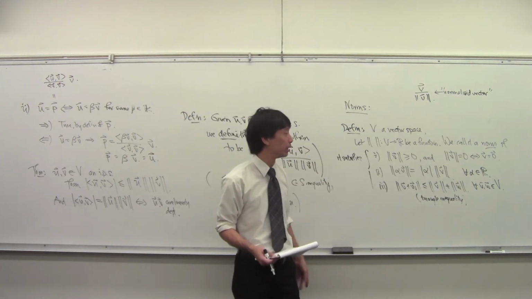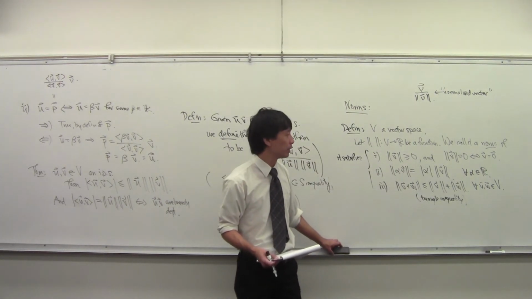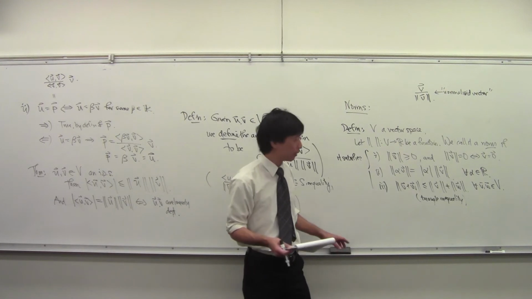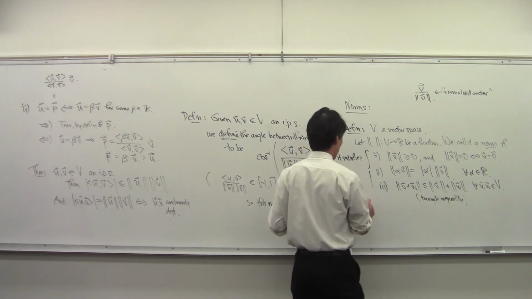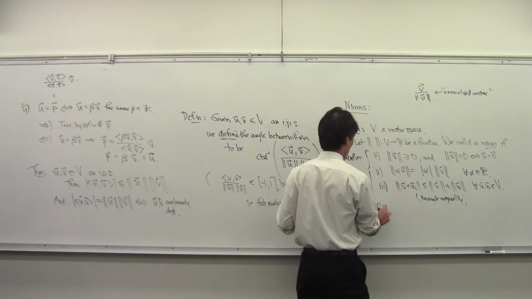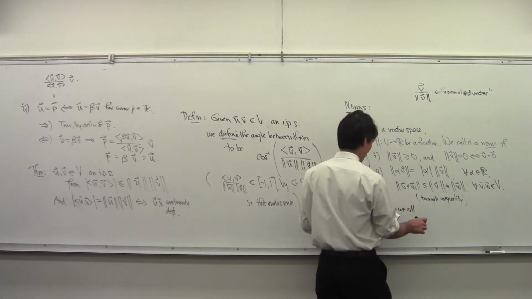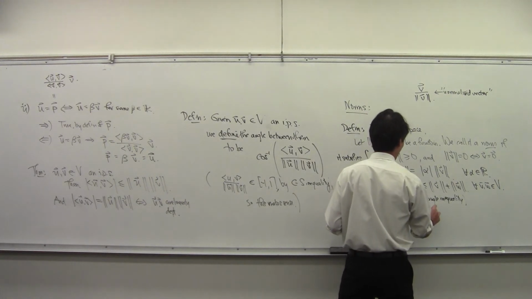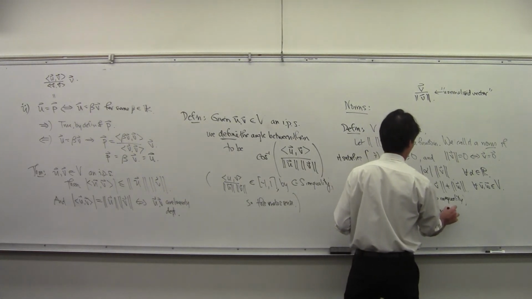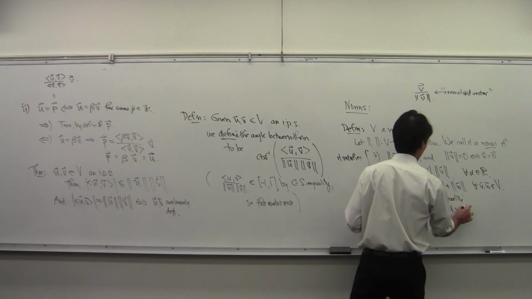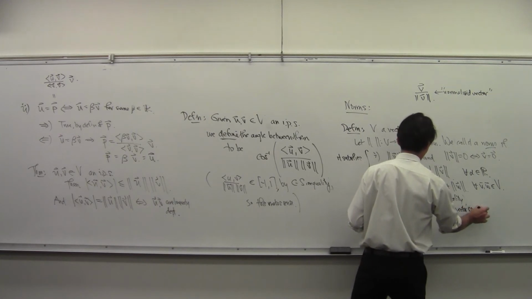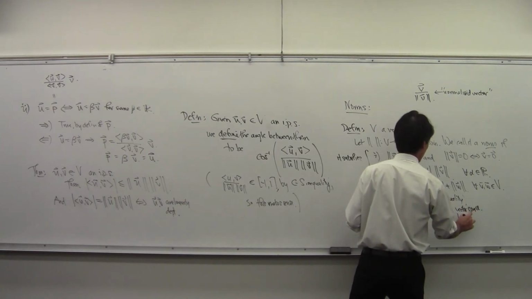Our old Euclidean magnitude definitely does this. Further, in that case, we call V a normed vector space or normed linear space.